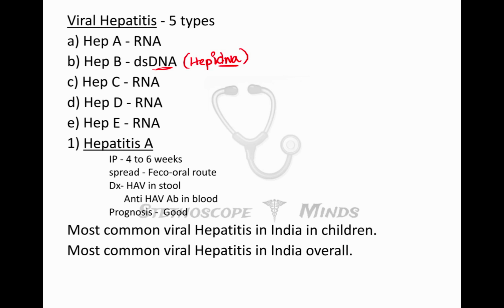Let's get into the subtopic hepatitis A. The incubation period is 4 to 6 weeks, and it may spread through the fecal oral route. We can diagnose it by HAV in stool and anti-HAV antibodies in blood, and the prognosis is good for hepatitis A. These are the single liners which can be asked in the exam.